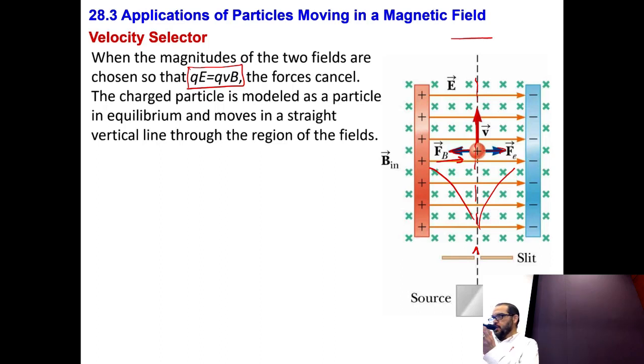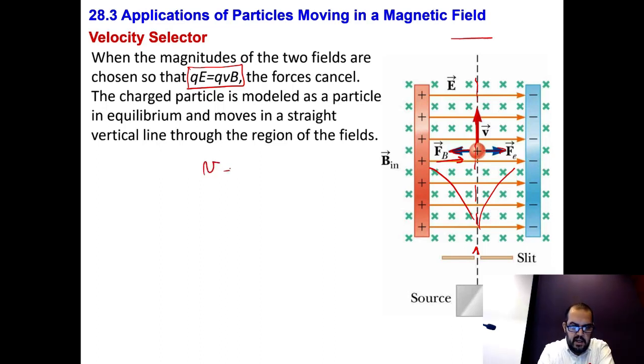That means it has a certain fixed kinetic energy. We said V is equal to E over B, so the kinetic energy of the particles that hit the target will be 1/2 mv squared, which involves E squared over B squared.